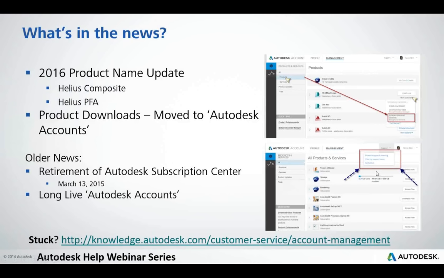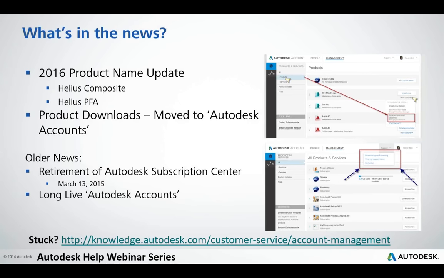To go over a little bit of what's been going on behind the scenes in the last month or so, with the new composite products there's been a name change. So when you look for these products in the Autodesk account, you'll notice a few little updates here.